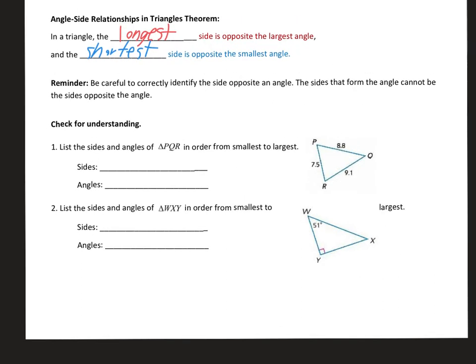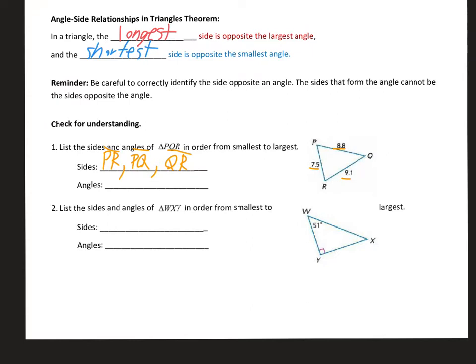Here in number 1, we need to list the sides and angles of triangle PQR in order from smallest to largest. And it's nice, it already tells us the sizes for our sides. So we know that the smallest side is segment PR, followed by segment PQ, followed by segment QR as the largest side.